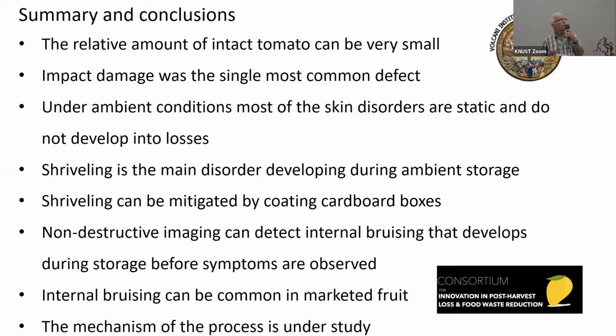Shriveling can be mitigated by coating cardboard boxes or other types of boxes, or by using durable plastic boxes. Non-destructive imaging can detect internal bruising that develops during storage before symptoms are observed. I didn't show you those pictures, but this bruising eventually, after 2-3 weeks, becomes visible and can lead to losses.